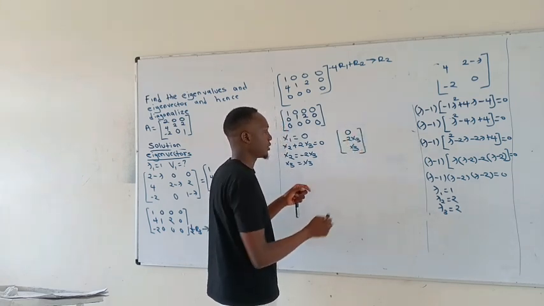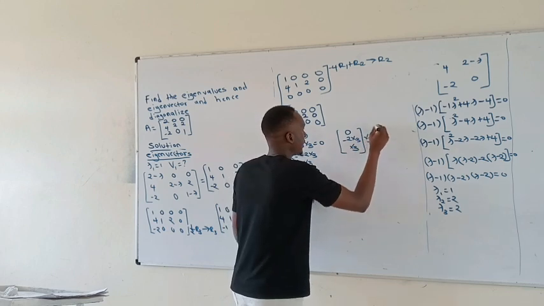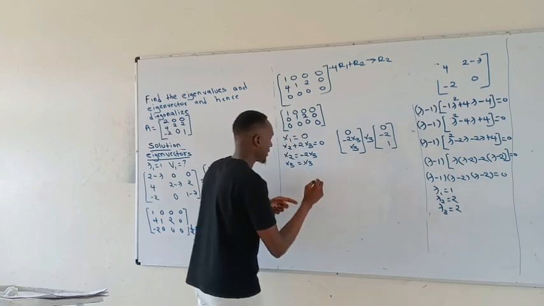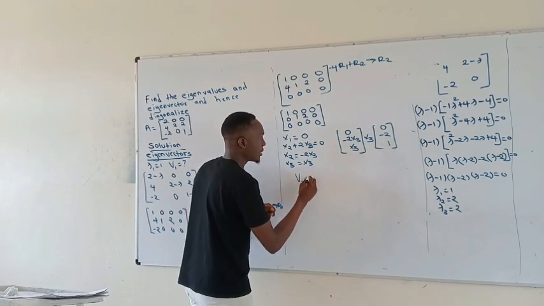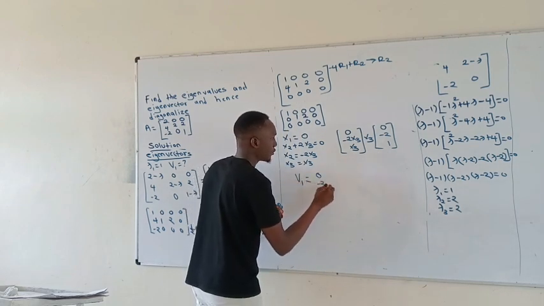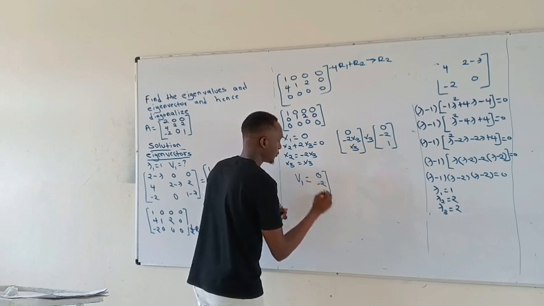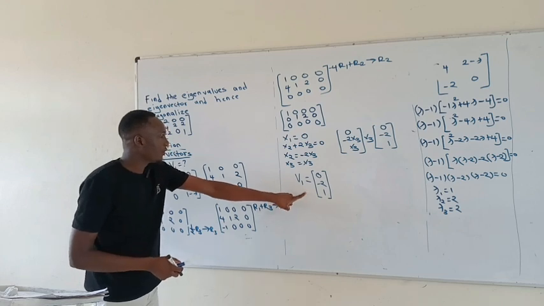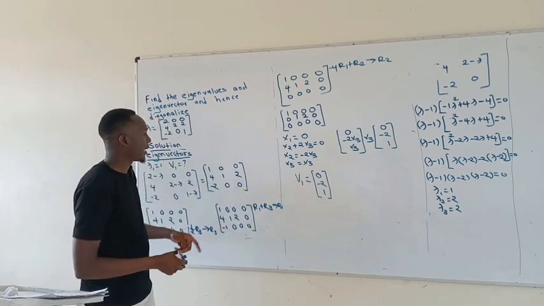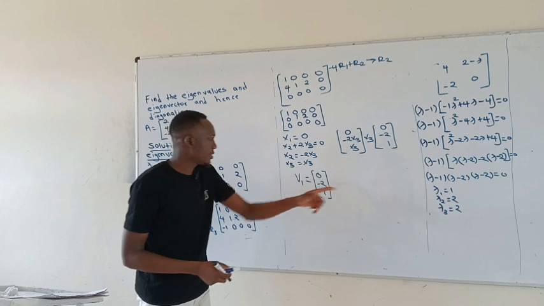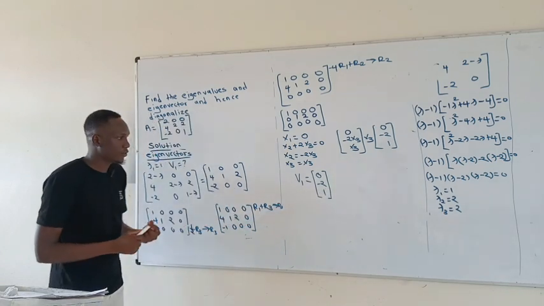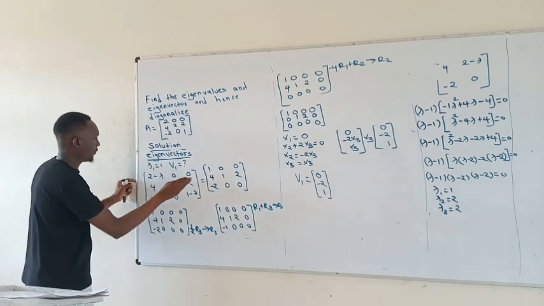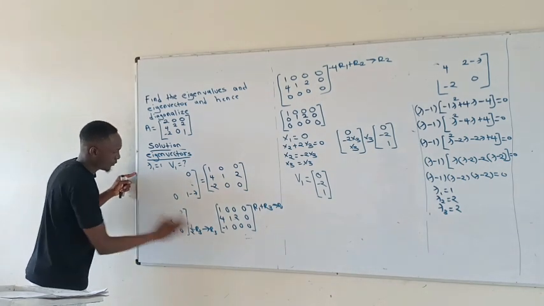Let's factor out x3. So we have x3 into 0, minus 2, 1. Now we realize that our eigenvector v1 is equal to 0, negative 2, 1. Our eigenvector v1 for eigenvalue lambda 1, which is 1, is 0, negative 2, 1. Let's find the eigenvector for lambda 2, which is 2.